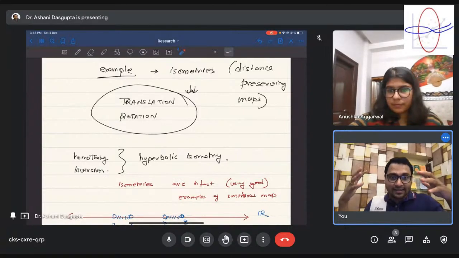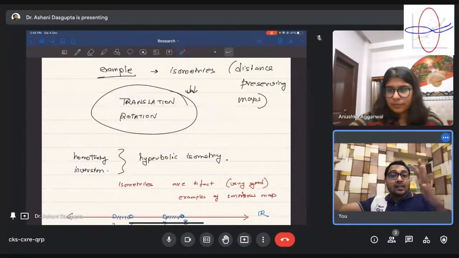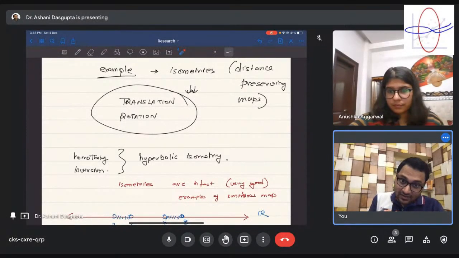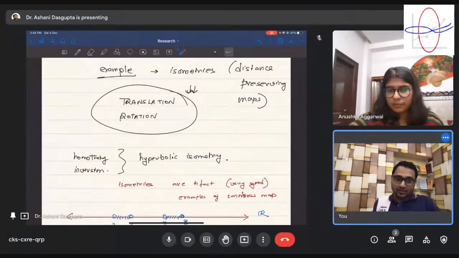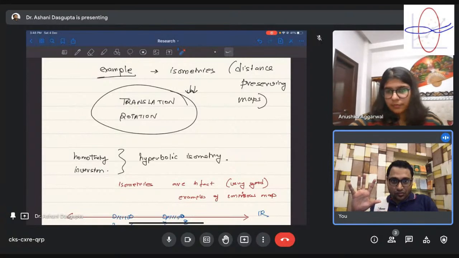Now think about it like this. If you understand the properties of continuous maps, those properties will be applicable to isometries as well. Because after all, isometries are continuous maps. Not all continuous maps are isometries, of course, that's not true.